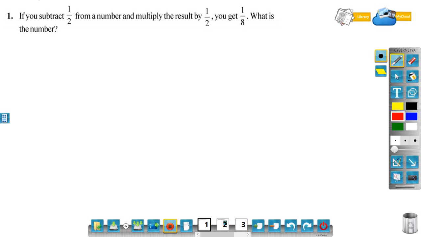While solving statement problems, you have to understand the statement clearly. Then you have to convert the statement into equation form.